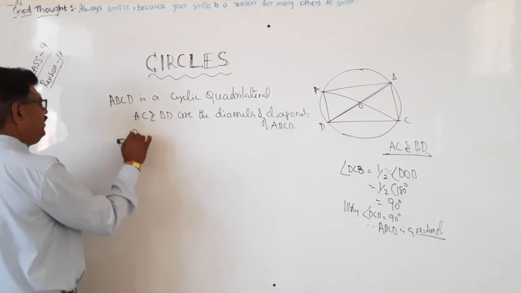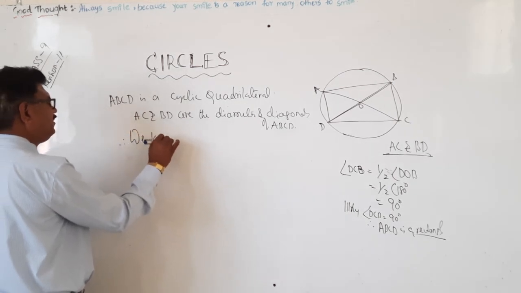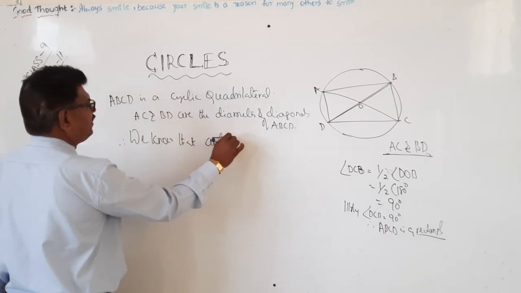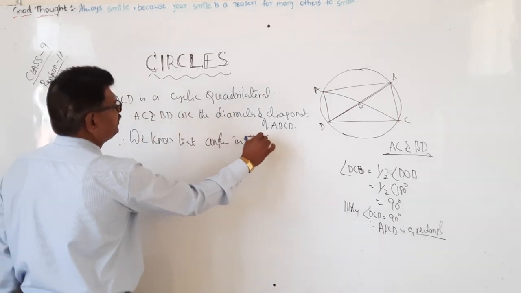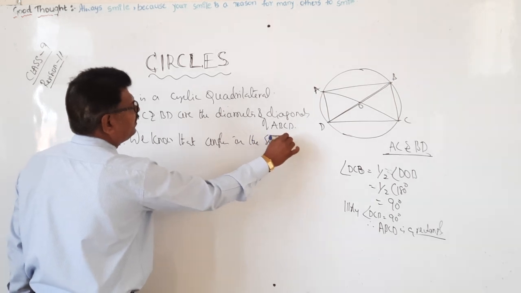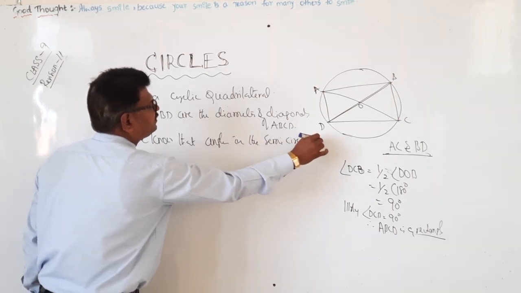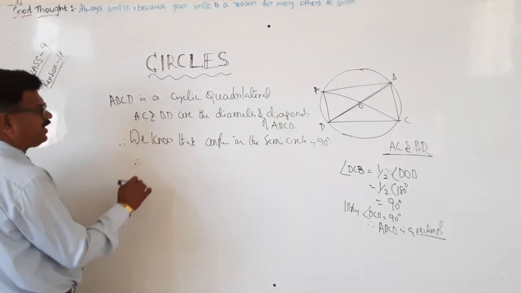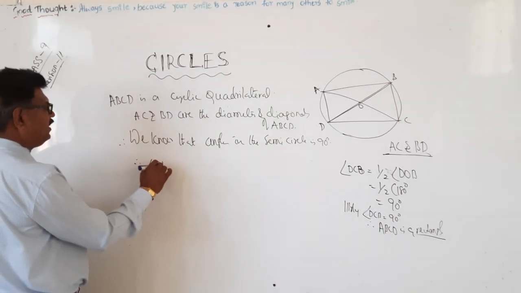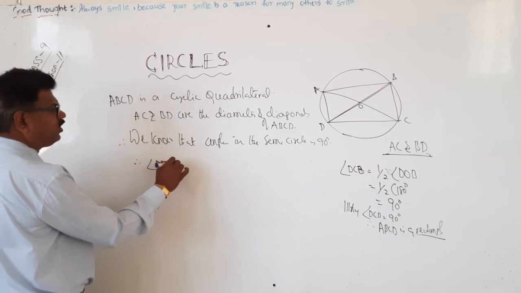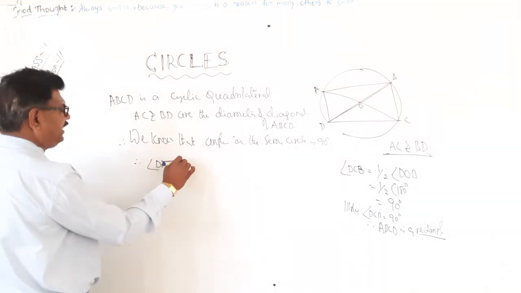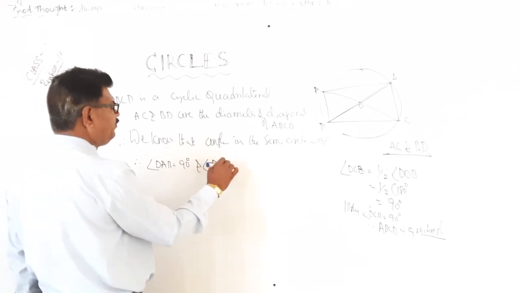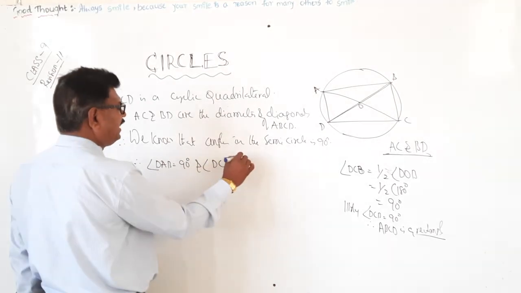Therefore, we know that the angle in a semicircle is 90 degrees. Therefore, angle DAB is equal to 90 and angle DCB is also equal to 90.